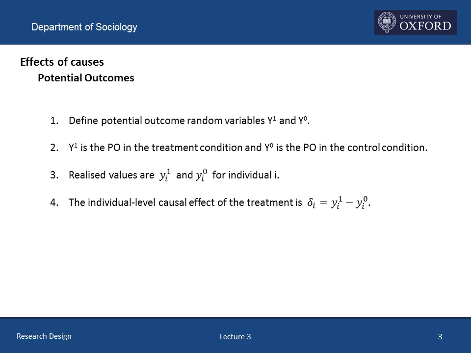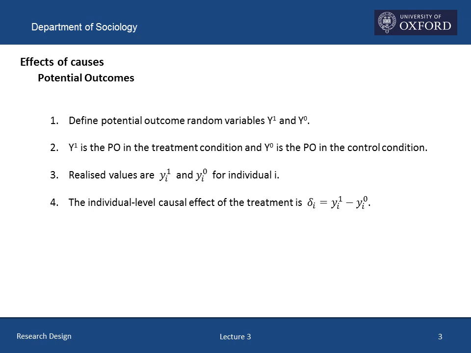It's crucial to understand that all subjects or cases have both potential outcomes. The realized values, meaning the values for any given individual drawn from the distributions capital Y superscript 1 and capital Y superscript 0, are denoted lowercase yi superscript 1 and lowercase yi superscript 0 for individual i.